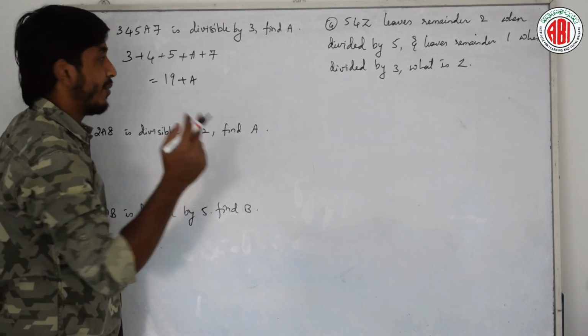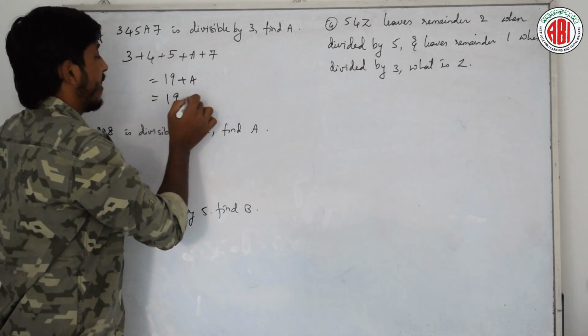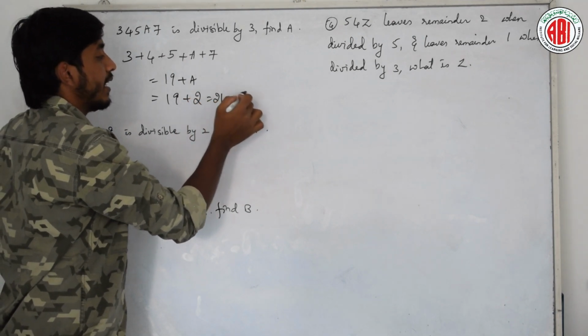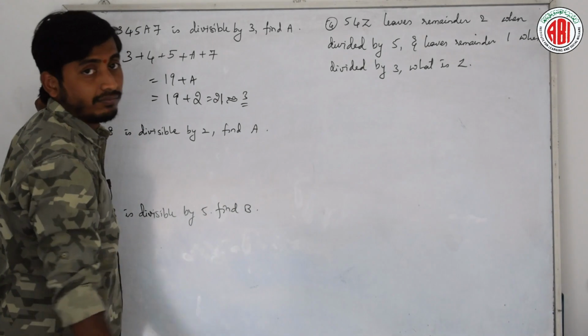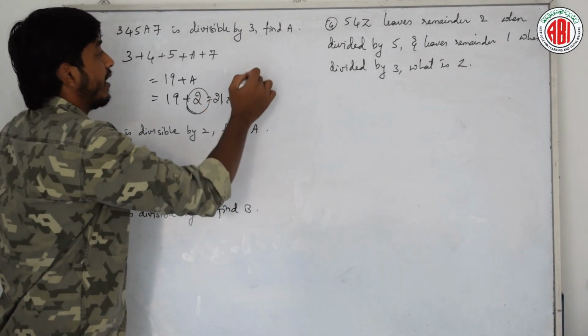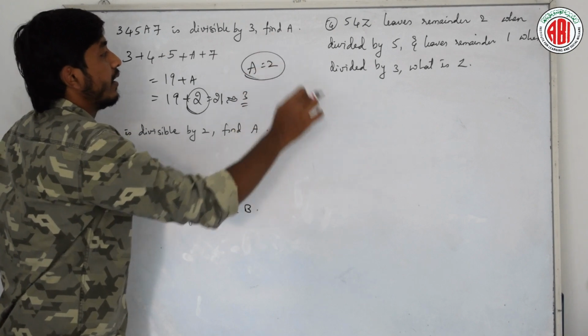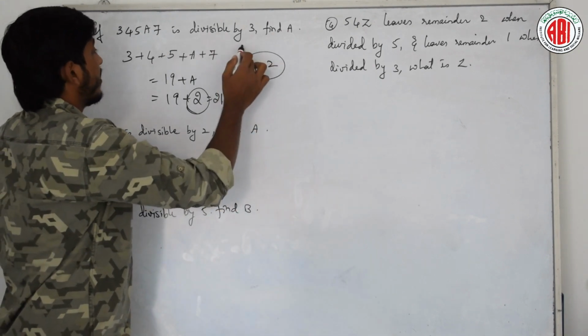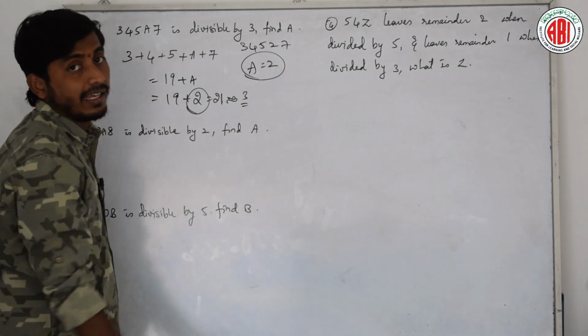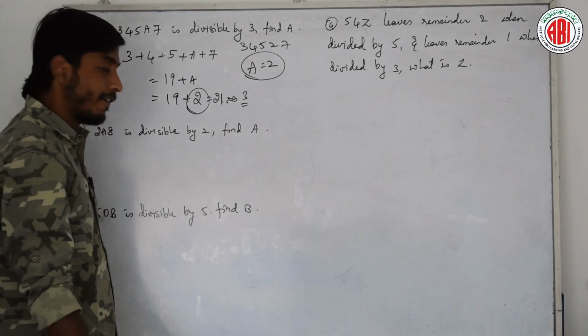That is 21. Which means if I add 2, I will get 21, which is divisible by 3. Clear? Therefore, A is equal to 2. Therefore, the number is 34527. Is it clear? Fine.